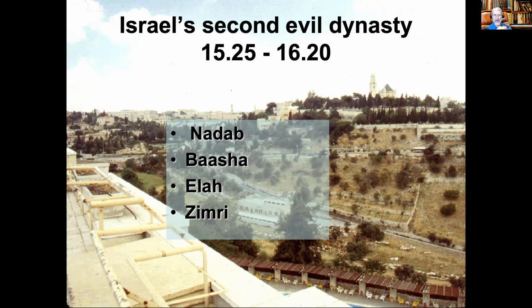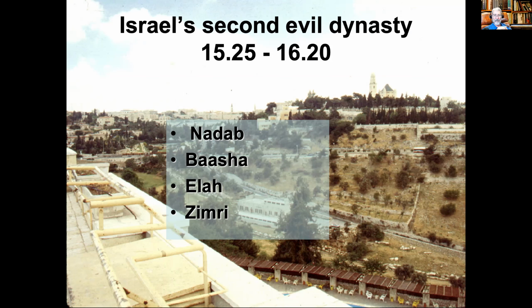And Nadab managed to reign for 2 years. He was killed by the next in line, Baasha, who managed to survive for 24 years until he was done away with by Elah.